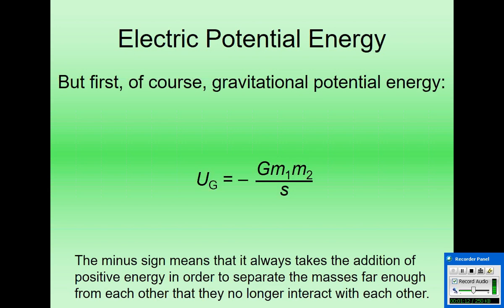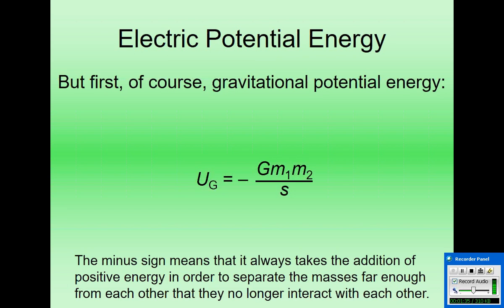This looks an awful lot like the equation for the force, but in the equation for the force, the denominator is s squared. So be very careful about distinguishing between the expression for force and the expression for potential energy, because we're going to see similar confusion when we take a look at the expression for electric potential energy.